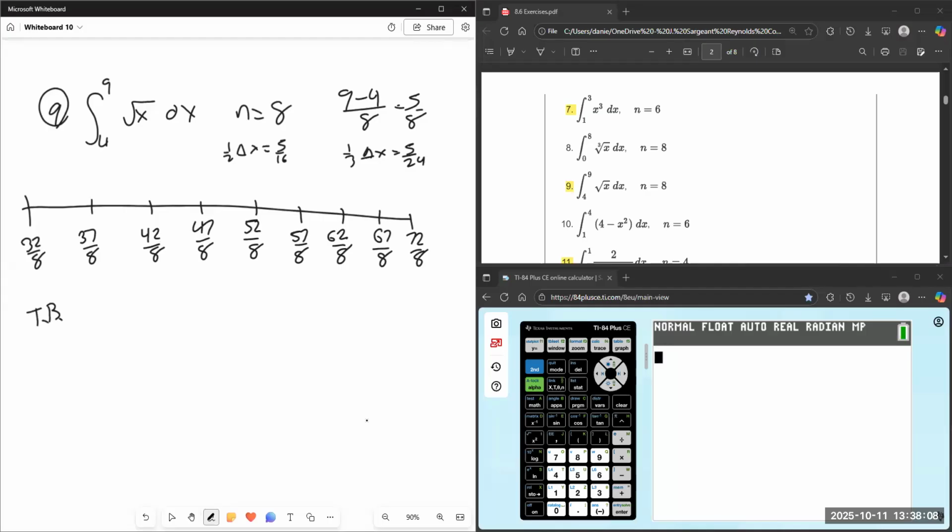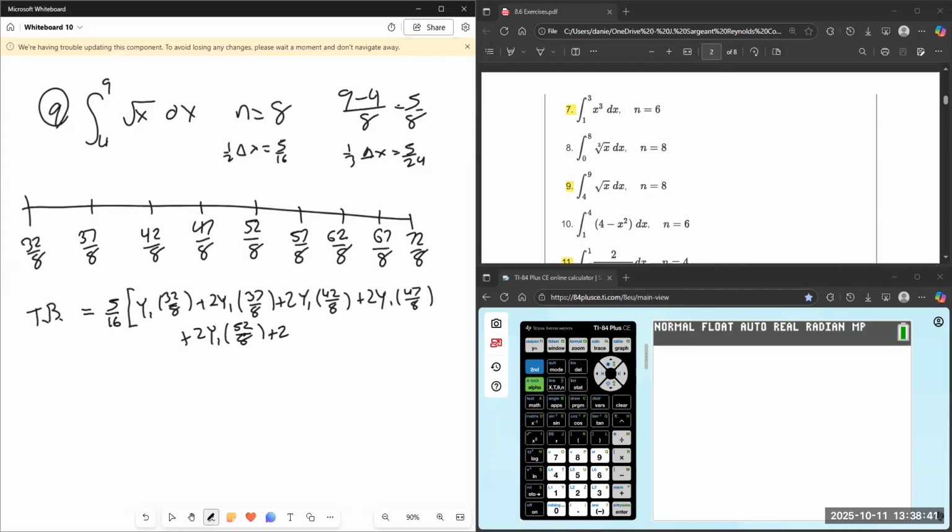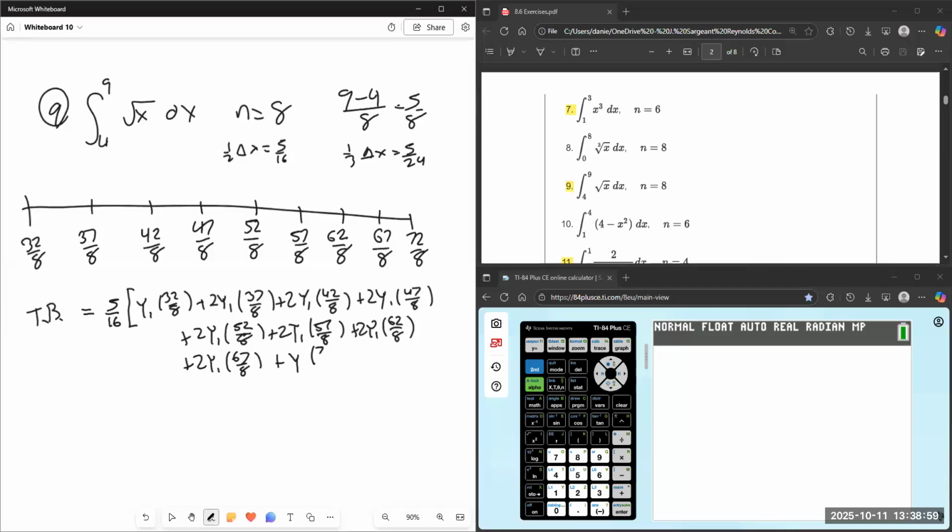So for trapezoidal rule, I'll have 5 over 16 times y1 of 32 over 8 plus 2y1 of 37 over 8 plus 2y1 of 42 over 8 plus 2y1 of 47 over 8 plus 2y1 of 52 over 8 plus 2y1 of 57 over 8 plus 2y1 of 62 over 8 plus 2y1 of 67 over 8 plus y1 of 72 over 8.